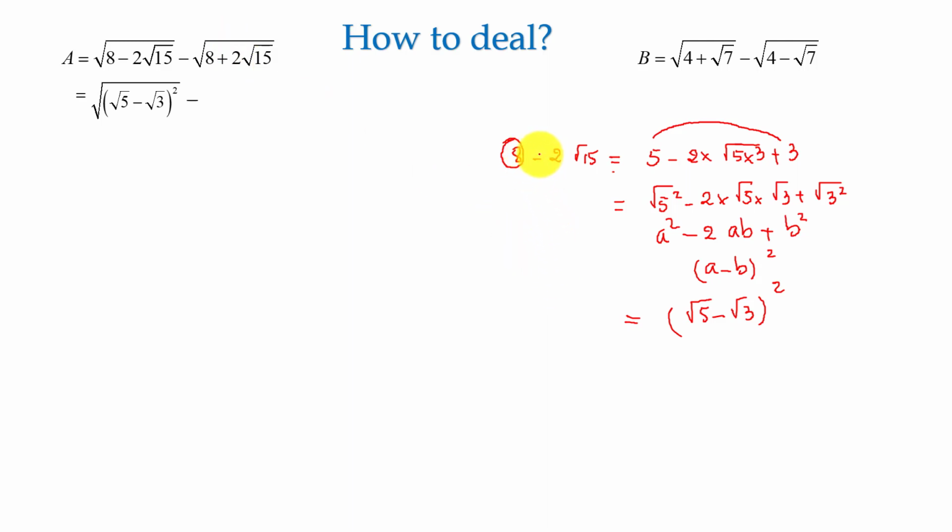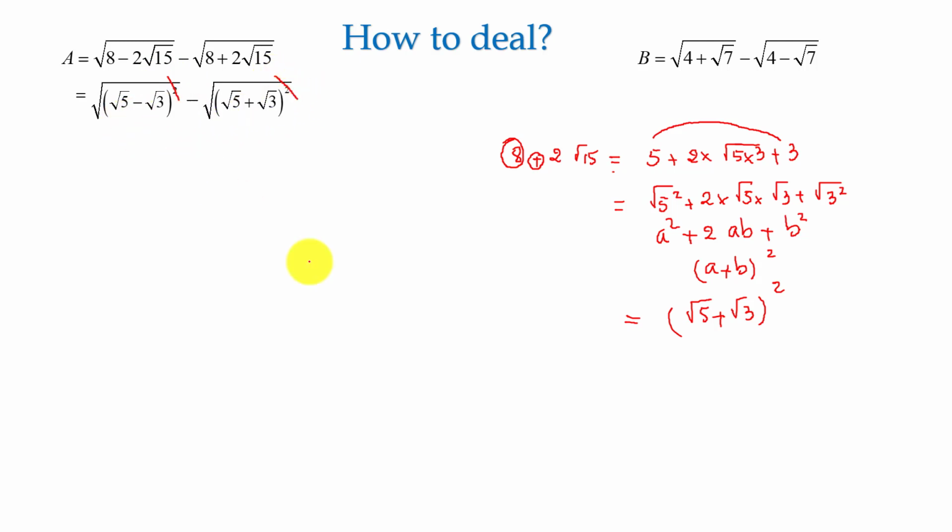We only take the minus to plus, and we use a squared plus 2ab plus b squared, we get a plus b all squared. So this we can write as square root of (square root 5 plus square root 3) all squared. And this we can simplify, and this we can simplify.